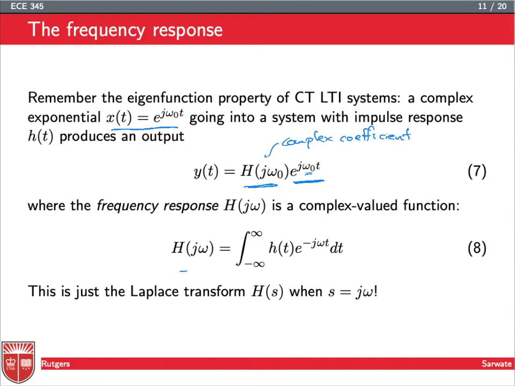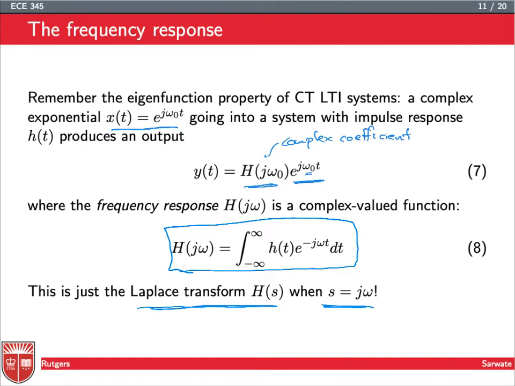And this frequency response of the system is just this integral here, which, if you actually look at it, is the Laplace transform evaluated when s equals j omega. So that explains this notation. This notation is consistent with the Laplace notation, right?